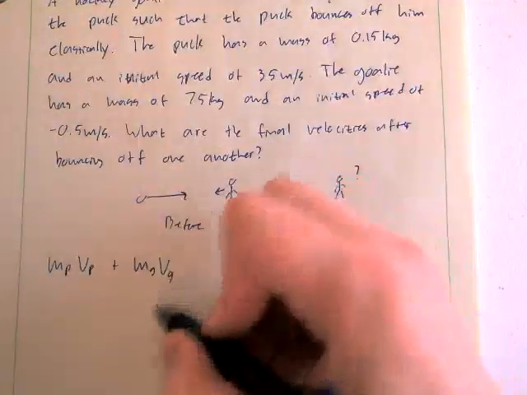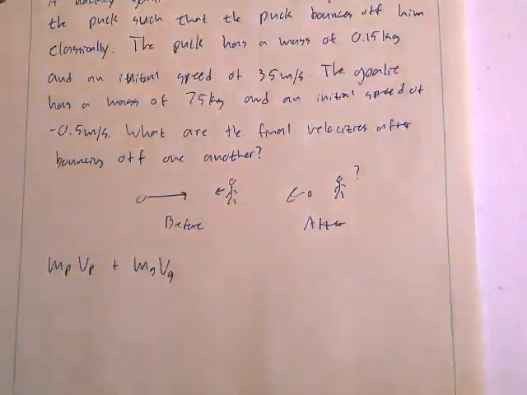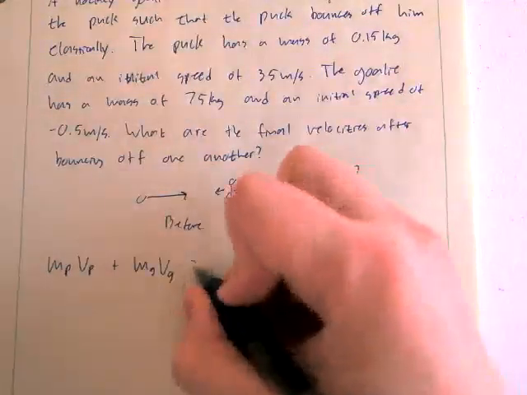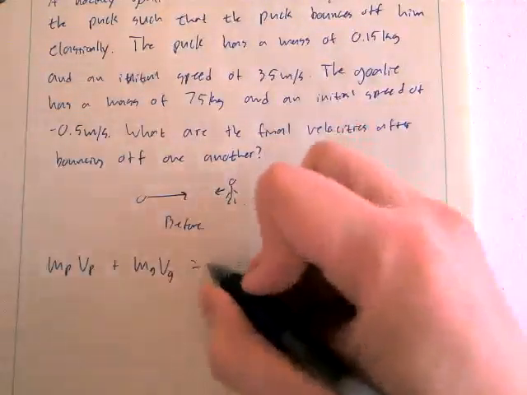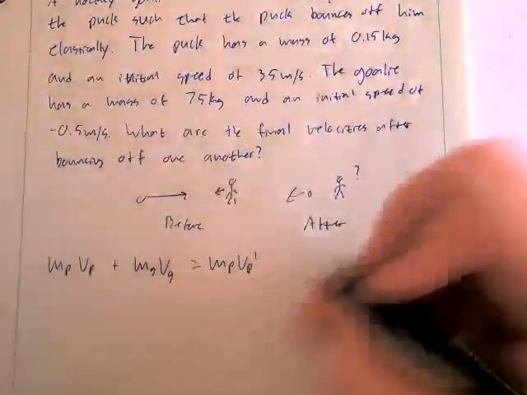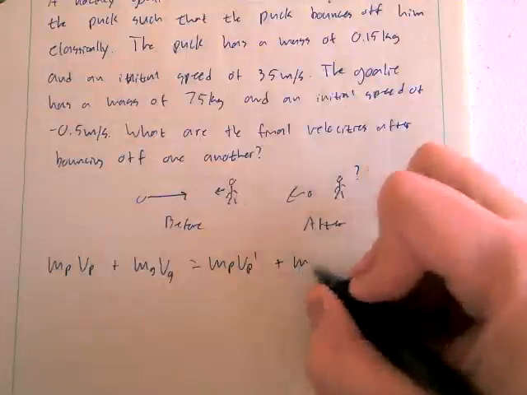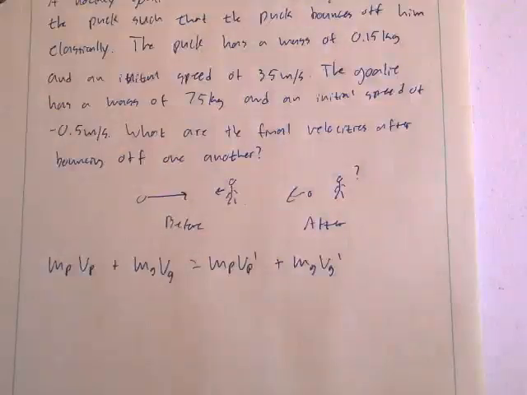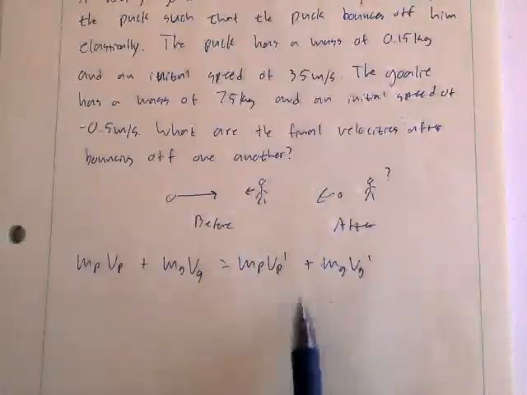Then I would plug in a negative number into this term here, into this VG, right? And so this is our momentum before, and our momentum after is going to be mass of the puck times V of the puck after plus mass of the goalie times V of the goalie after, right?